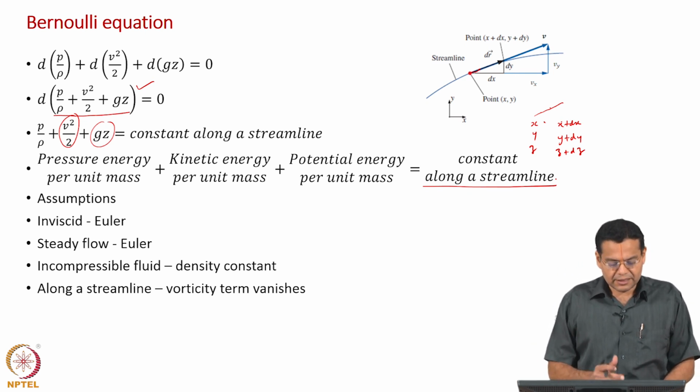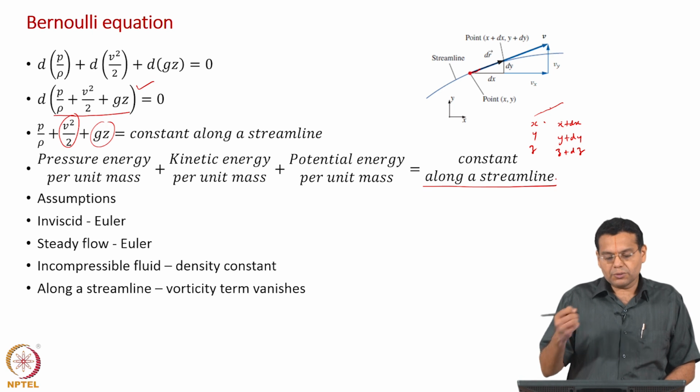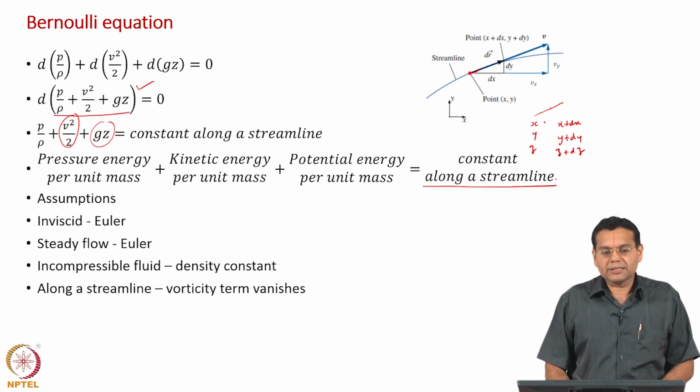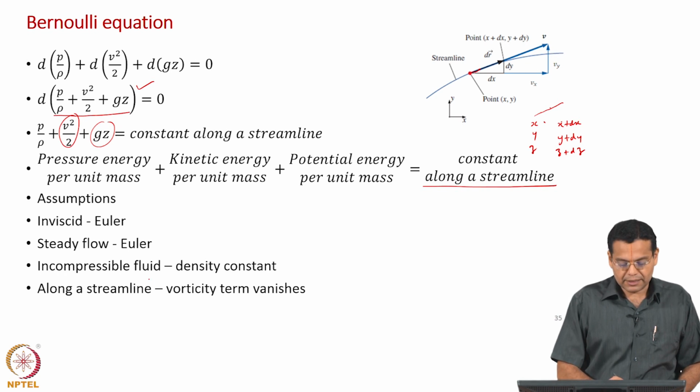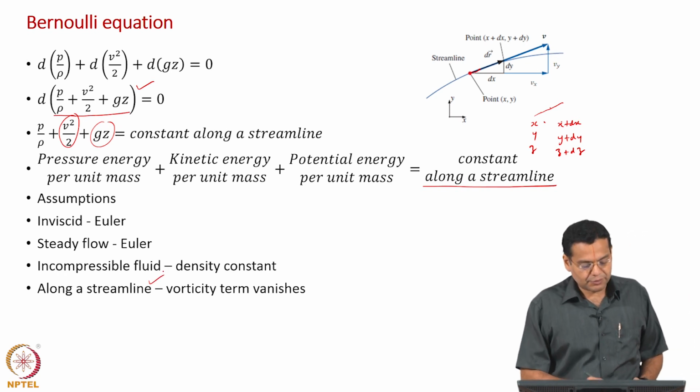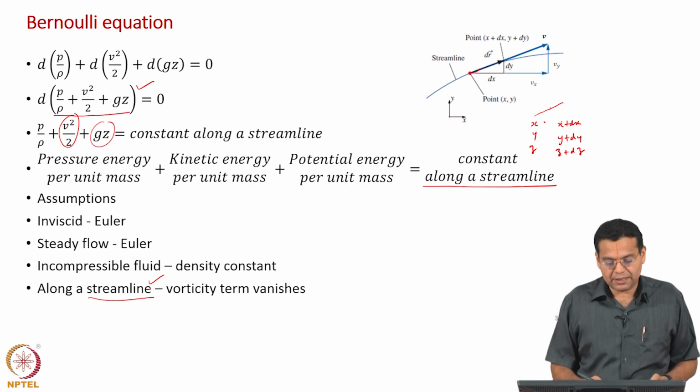And this along a streamline, where did that come from? Remember, we wanted to make the right hand side 0 where we had a vorticity term, the rotation term. To make that 0, we had to consider this balance along the streamline, and that is where this restriction comes from.